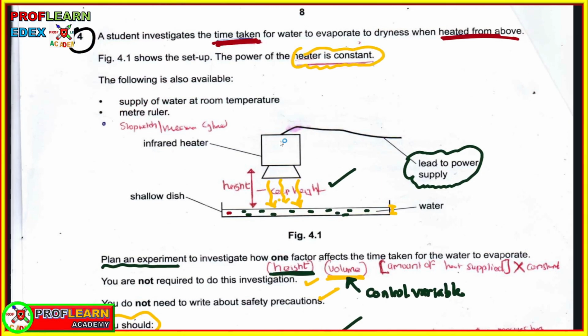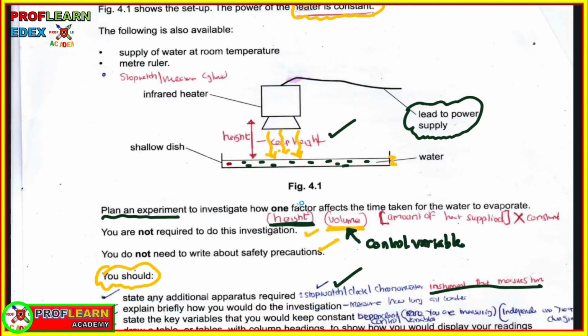Now we need to identify the different factors that can affect how water evaporates. Number one is the height of the heater, because the radiation reaching the water depends on the height. If it's close, more radiant heat is going to heat this water, and it is going to evaporate to dryness.